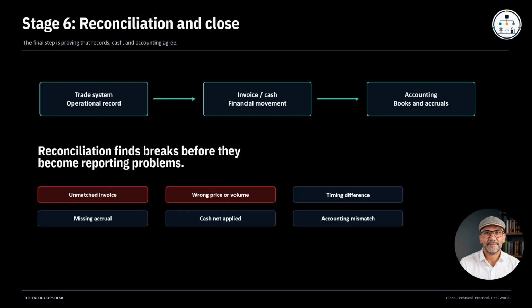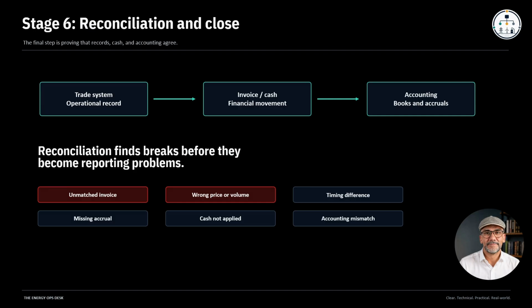The final step is the reconciliation. I close the deal, right? Reconciliation means comparing records across different systems and sources to make sure everything agrees. So, for example, does the ETRM system match the invoice? Does the invoice match the payment? Does the payment match accounting? Do internal records match counterparty records? Are all exceptions resolved?